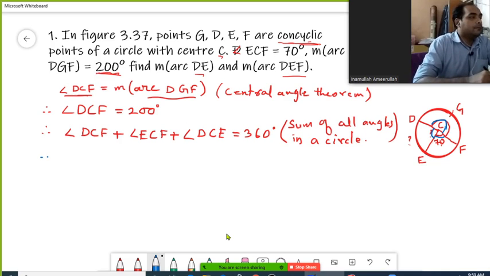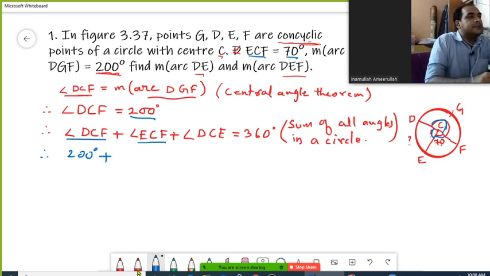Now this DCF is 200, so here I'll take 200 plus ECF. Angle ECF is already given as 70 degrees.